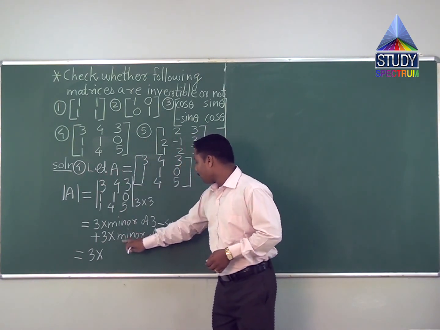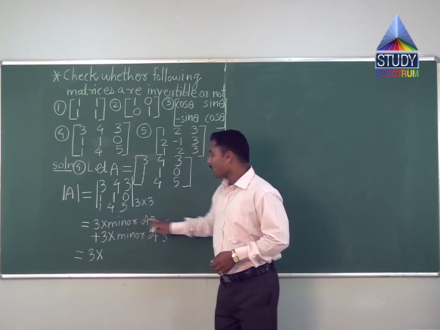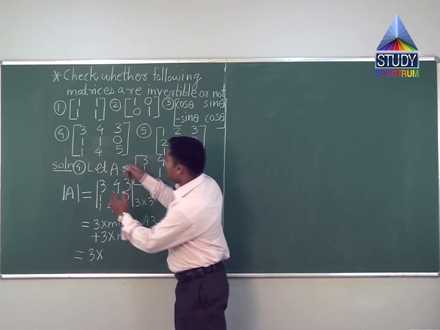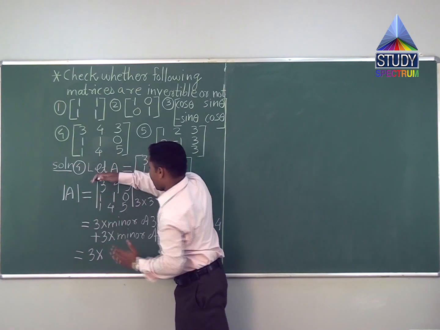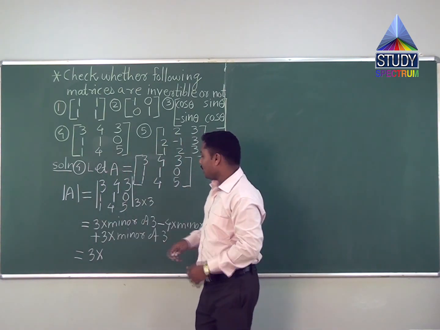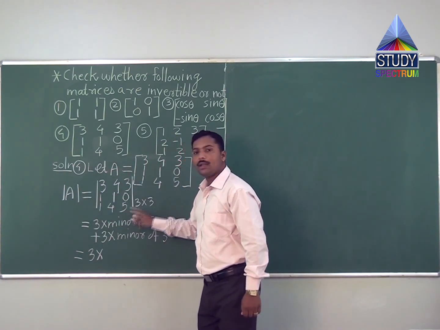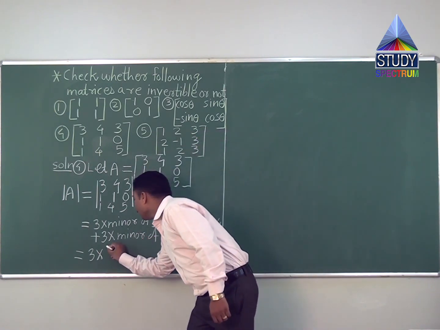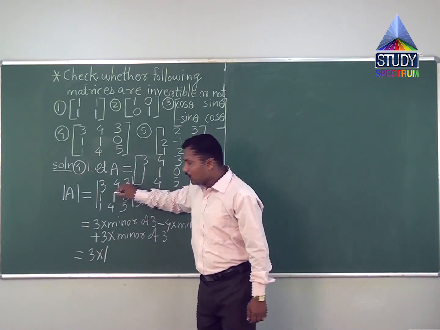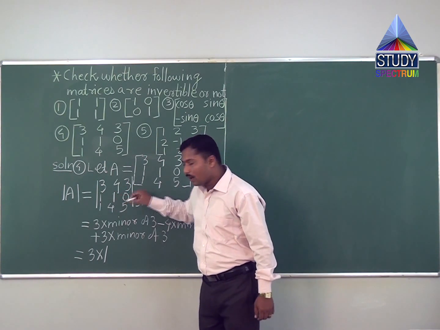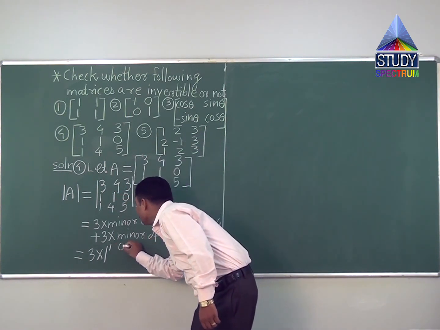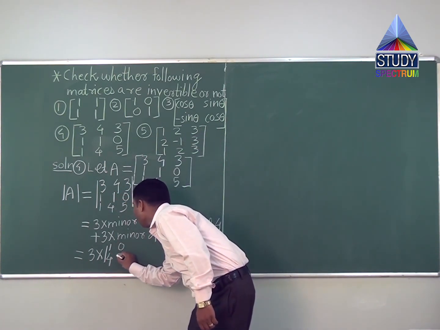Minor of 3 means delete the column and row passing through this number and take the determinant of the remaining 4 numbers. So determinant of 1 0 4 5.